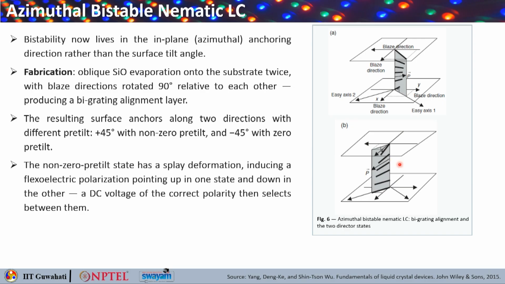The switching principle remains the same: a flexoelectric polarization difference between the two states lets an applied DC voltage of one polarity or the other select which state the cell relaxes into.